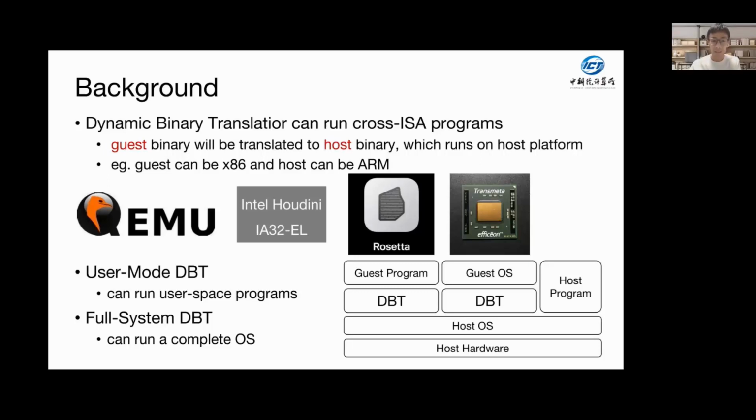There are many binary translators like QEMU, Intel's Houdini, Apple's Rosetta, and the famous Transmeta. There are two types of them. The user mode dynamic binary translator can run user space programs, and the full system translator can run a complete operating system.